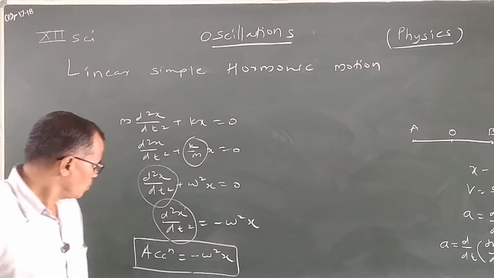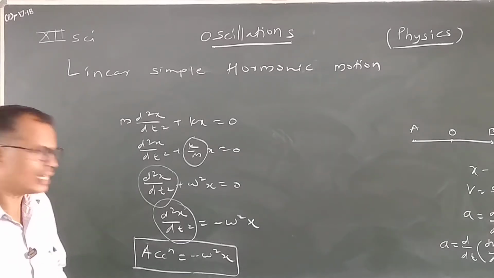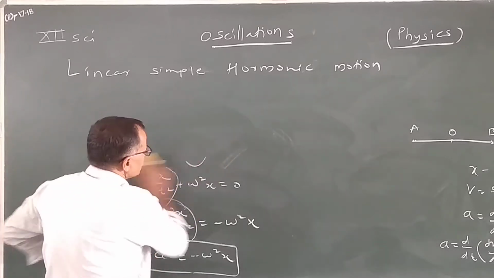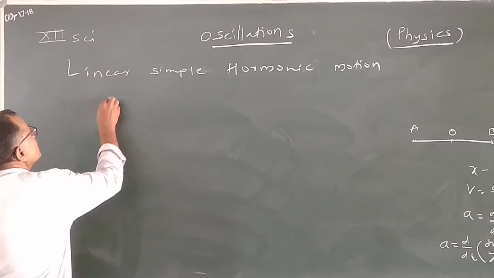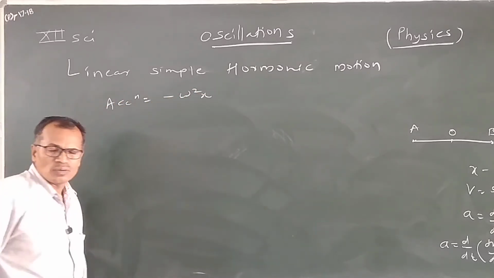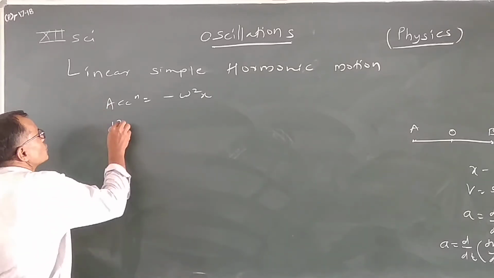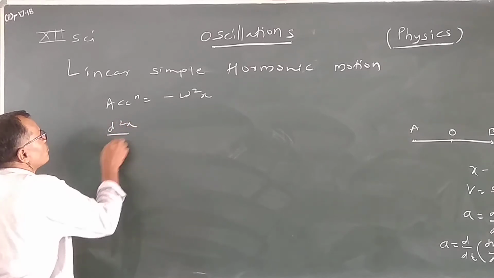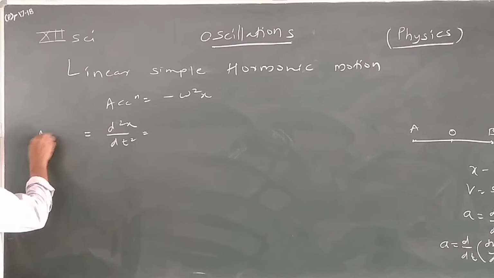Now we have to obtain the equation of velocity and displacement. Just see, we know that the acceleration is equal to minus omega square x. We know that d square x upon dt square is called acceleration.